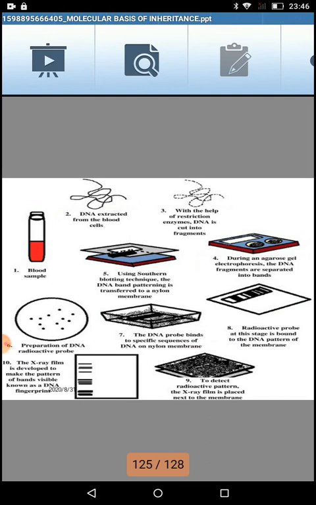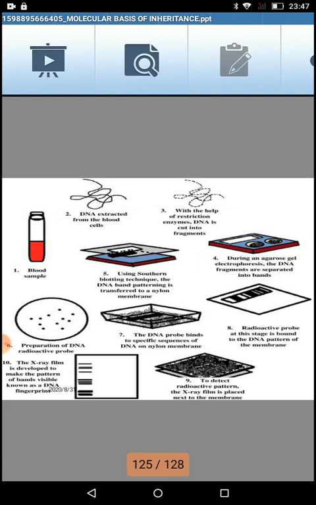It is a kind of technique in which agarose gel is used, and the DNA is filled at one end where small wells, small depressions, are there. Then the whole agarose gel setup is exposed to an electric field, and DNA being negatively charged will start moving towards the positive electrode, the anode.